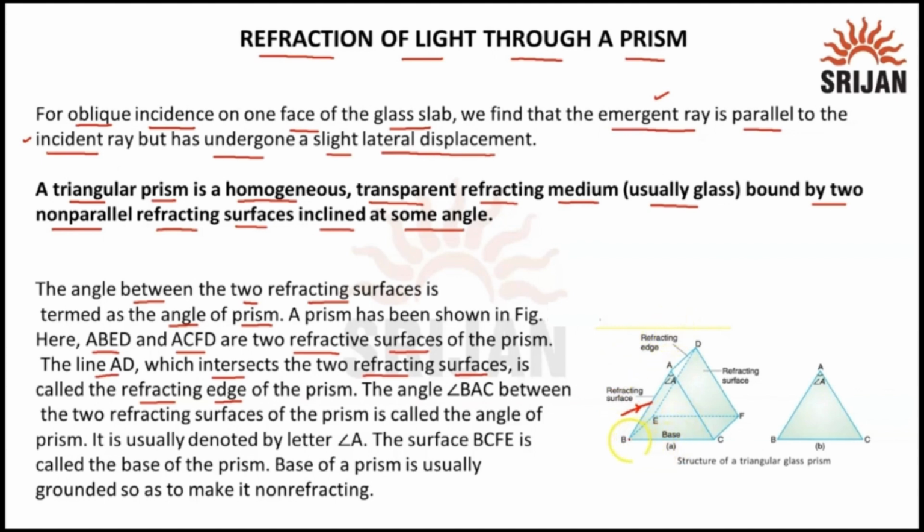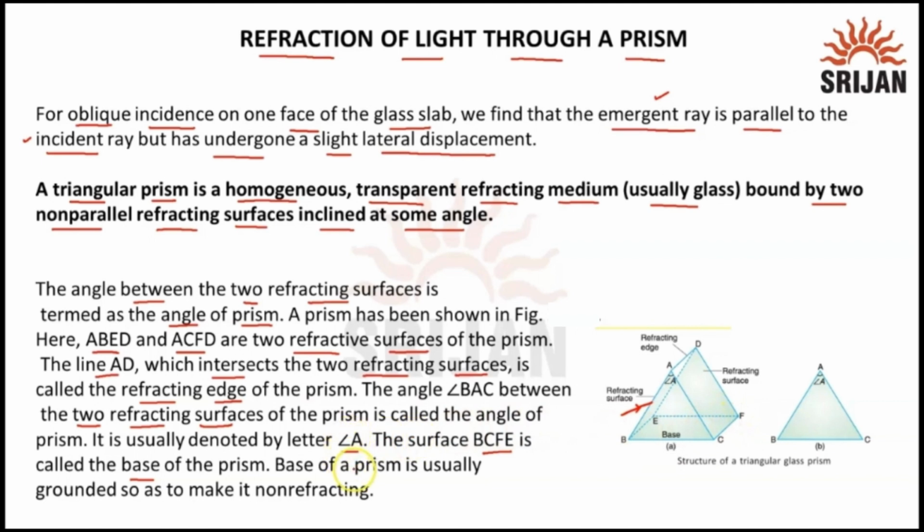Further, angle BAC is the angle of prism, which is the angle between the two refracting surfaces of the prism. It is usually denoted by the letter A. The surface BCFE is called the base of the prism. You can see this over here, BCFE is the base of the prism over which the prism stands.